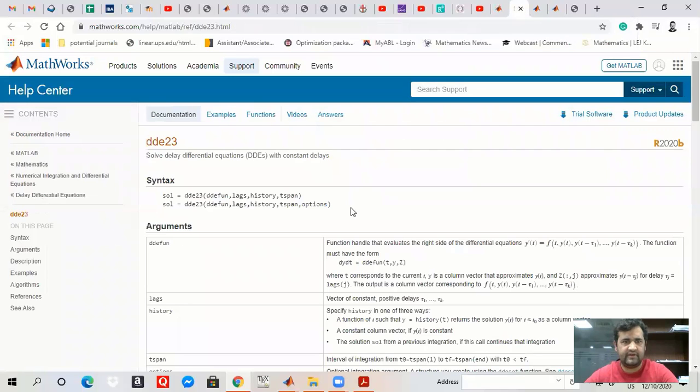Here is the syntax for DDE23. It demands that you code the given delay differential equations. It will help you evaluate the right hand side of your system of delay differential equations.